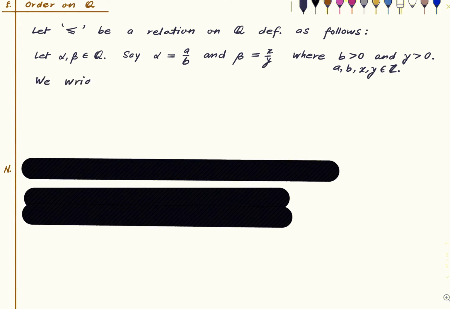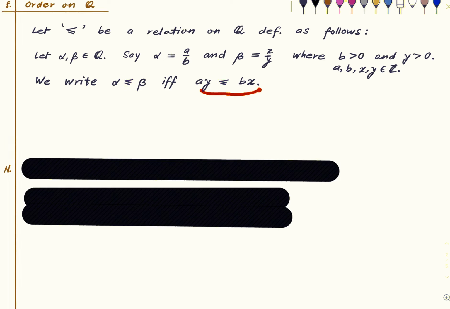Suppose we express alpha and beta in that way, then we define alpha less than or equal to beta if and only if AY is less than or equal to BX. This symbol is talking about the integers. This symbol and this symbol are actually different. They look the same, but this is what we are defining, while this one already exists.